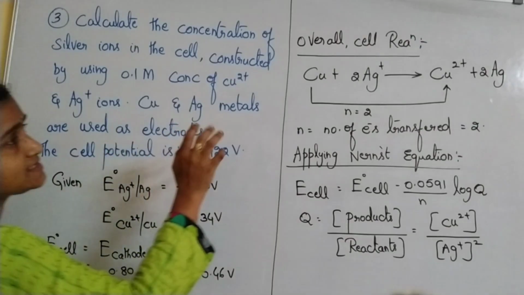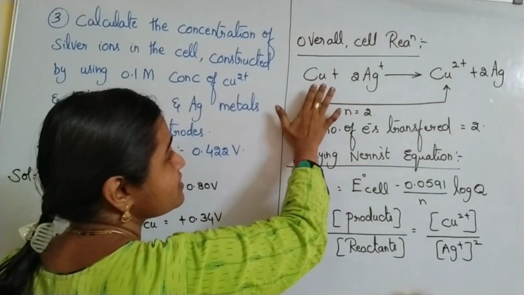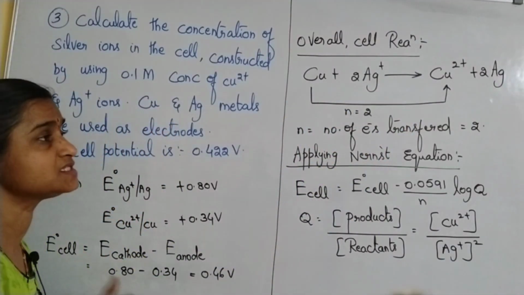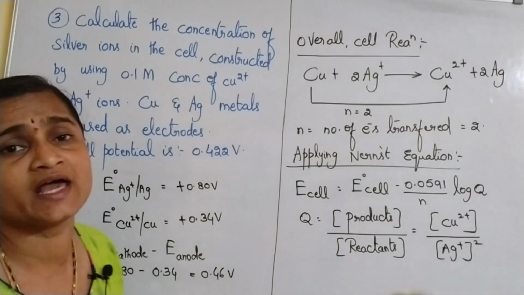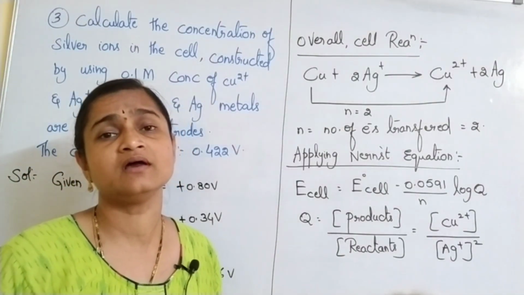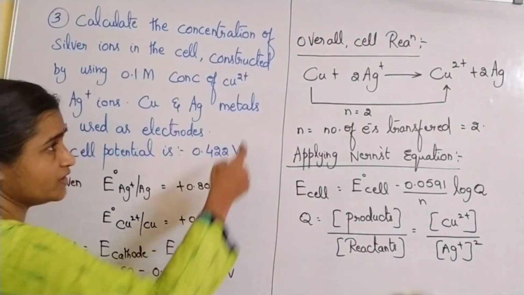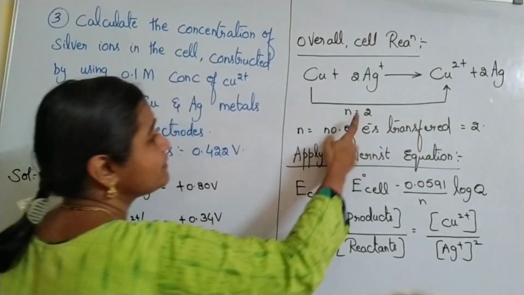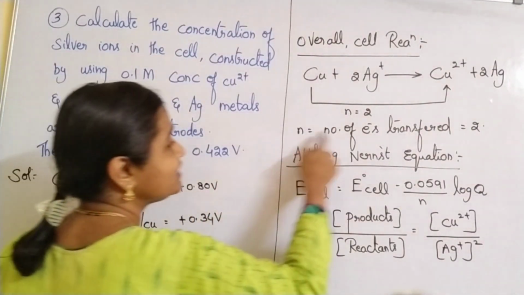Next, the overall cell reaction is Cu plus 2Ag+ gives Cu2+ plus 2Ag. From this reaction, you can identify the number of electrons transferred. Cu gives rise to Cu2+, so 2 electrons are transferred. So N value is 2.